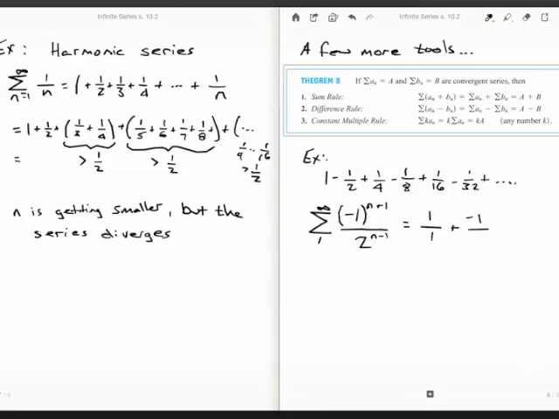I'm at 2 right now, so that's 2 to 1, so that's 2. So that's really 1 minus 1/2. Oh yeah, this is looking all right. Then the next one should be plus. This is the third one. 3 plus 1 is 4, so that's an even power of -1. So that becomes a +1 over 2 to the 2, which is 1/4.